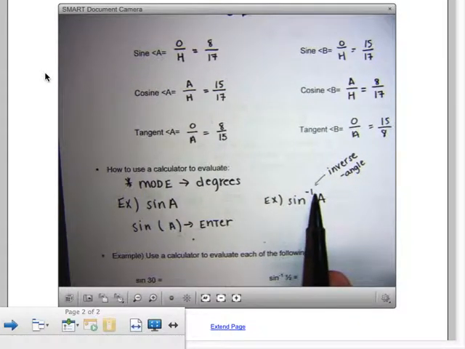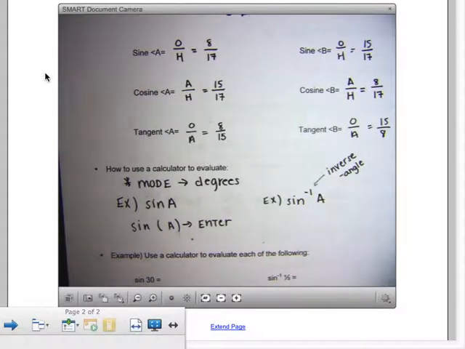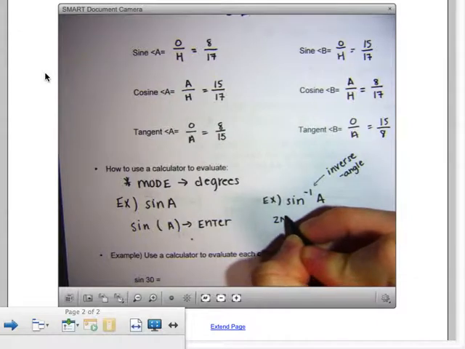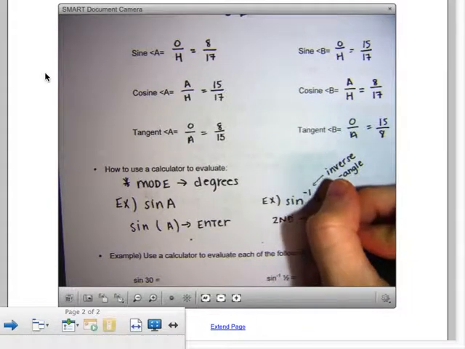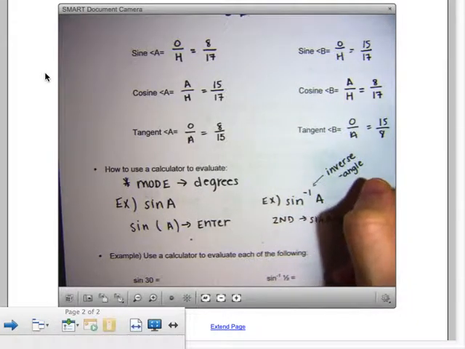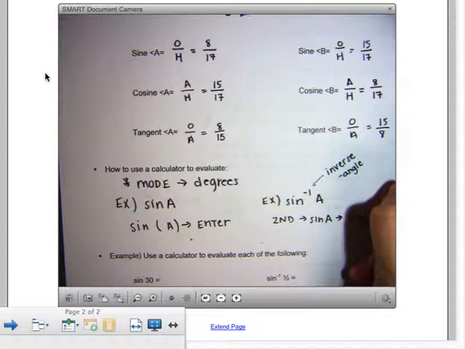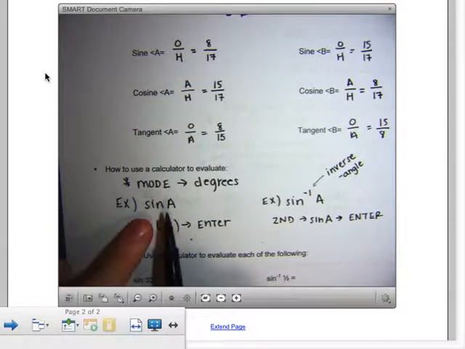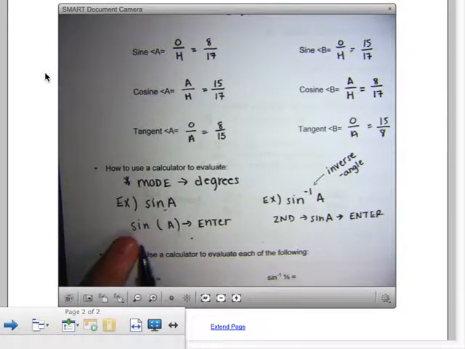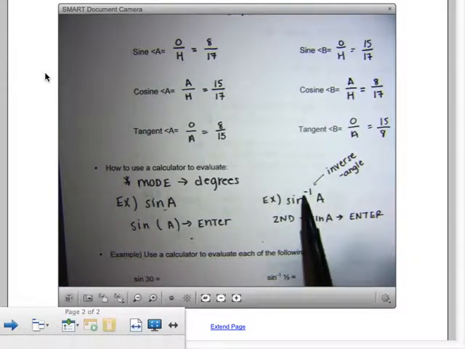If it's an inverse, then you are looking for the angle. If there is a -1, you're only going to do one thing different. You start with the second button, then sine, then whatever number's there, and then hit enter. So no -1, just plug it straight into your calculator. If there's a -1, then you go to second sine.